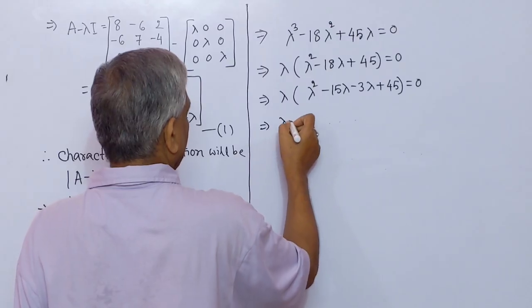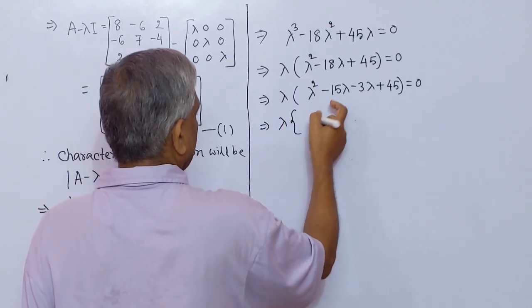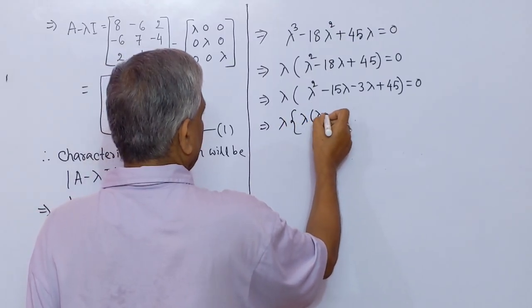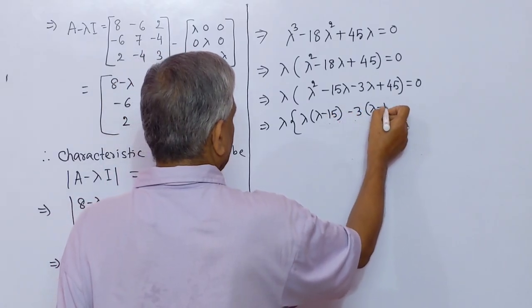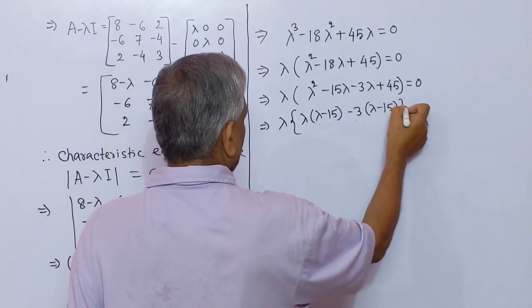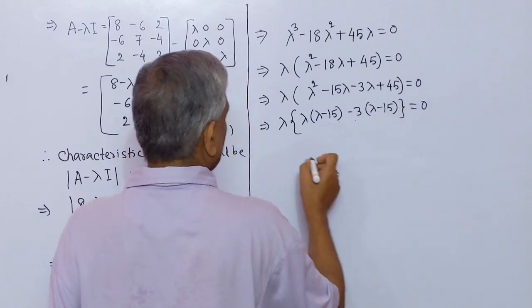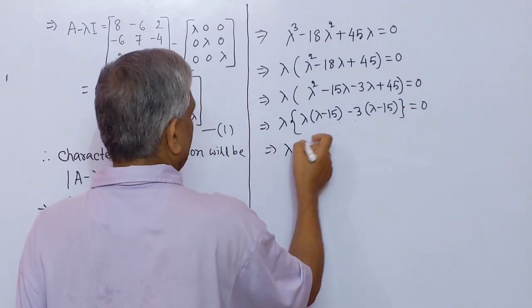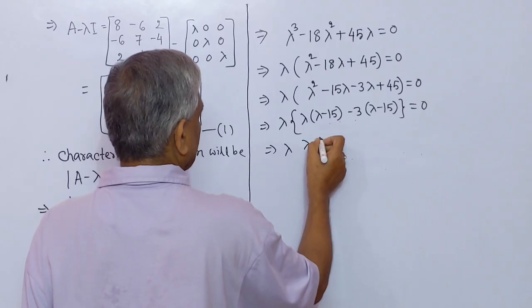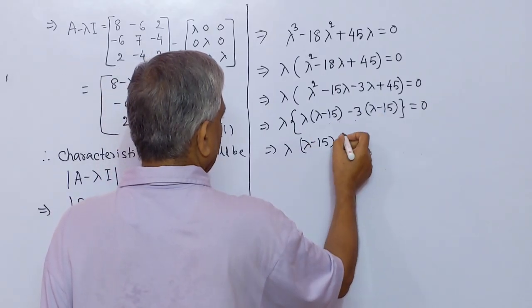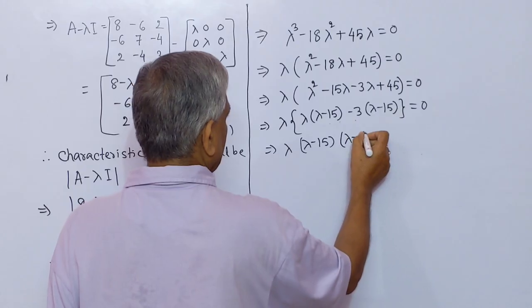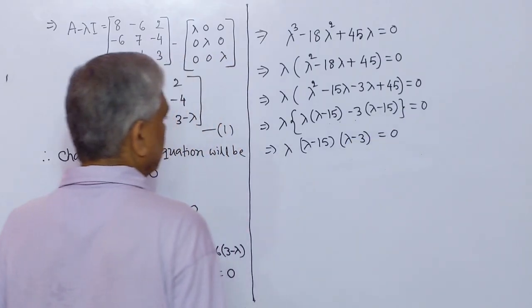Taking common lambda minus 15 and 3 lambda minus 15, this equals 0, which implies lambda multiply lambda minus 15 multiply lambda minus 3 equal to 0.